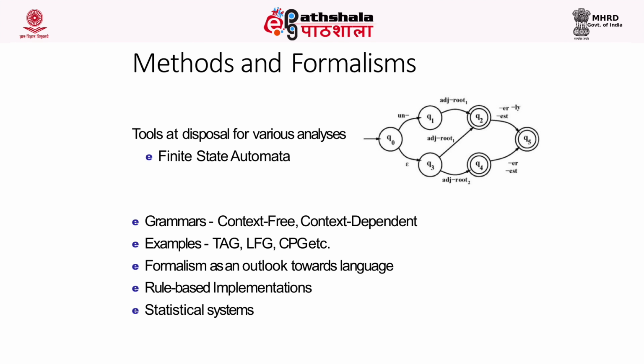Whereas there are context-dependent grammars where the rules on one side have context and the other provides the change, how it is changing. Examples of different kinds of grammar formalisms that are available for computational modeling are tree-adjoining grammar, lexical functional grammar, and computational Paninian grammar, which is used by several Indian groups.